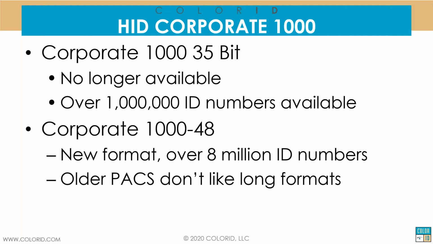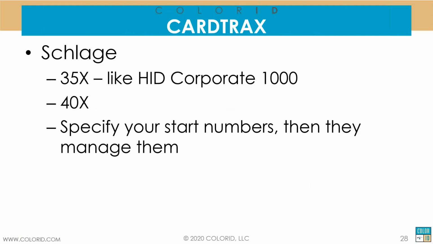They call it Corporate 1048, which is 48 bits long. So a lot more numbers. Now it's a much longer number. The facility codes are longer, and within each facility code range, each of which is unique to an institution, there are over 8 million ID numbers. So this is a step up in the Corporate 1000 program.